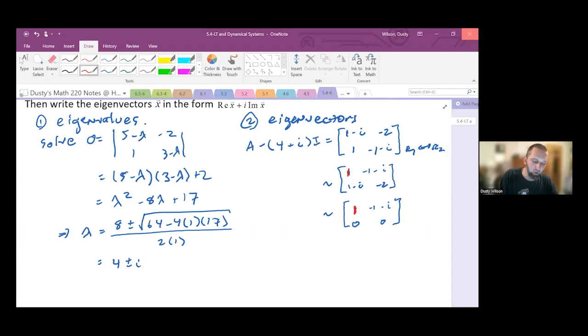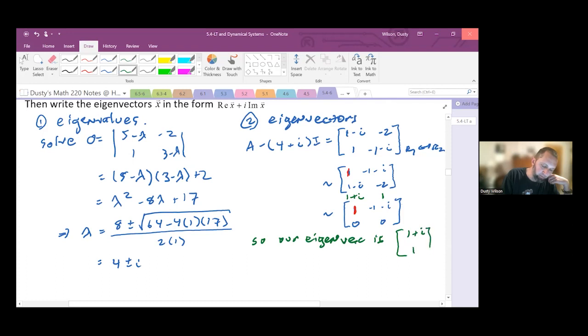So now notice that we could make a linear combination that added to 0 if we took 1 plus i of the first column and 1 of the second column, that would add to 0. So our first eigenvector is 1 plus i and 1.